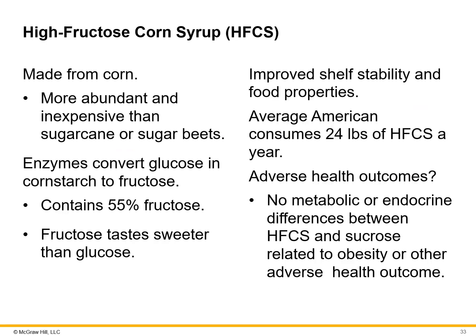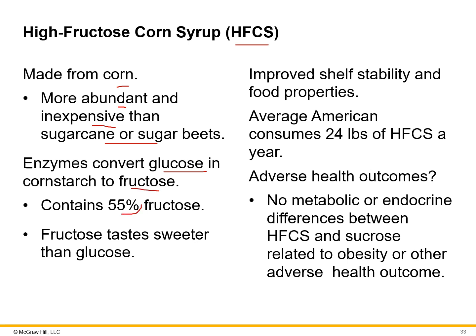Our high fructose corn syrup, the HFCS, of course, as the name implies, it's made from corn. It's more abundant and inexpensive than using it from sugarcane or sugar beets. Enzymes convert that glucose into fructose.